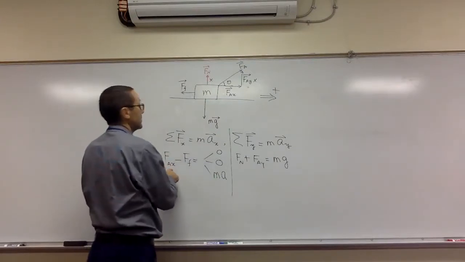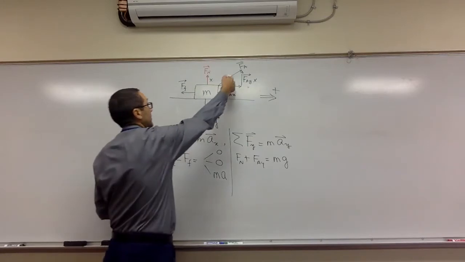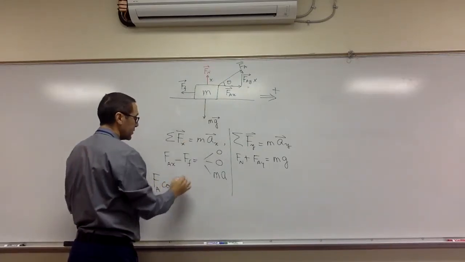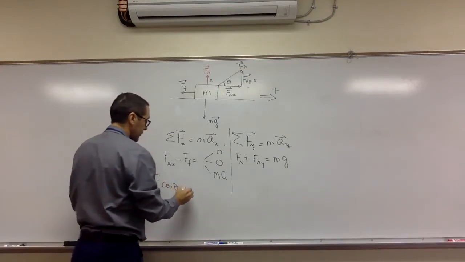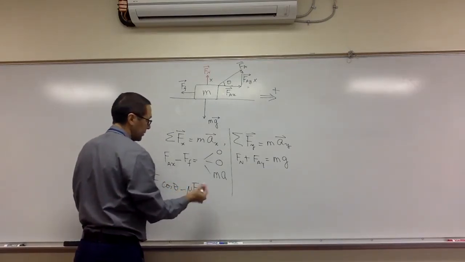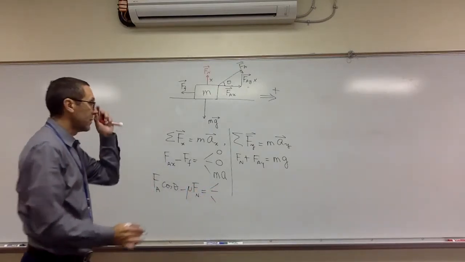Now, the Fax is just going to be Fa cosine of that angle theta, minus the force of friction. The force of friction is mu times Fn, if you need it, equals, and then you look at your three cases.